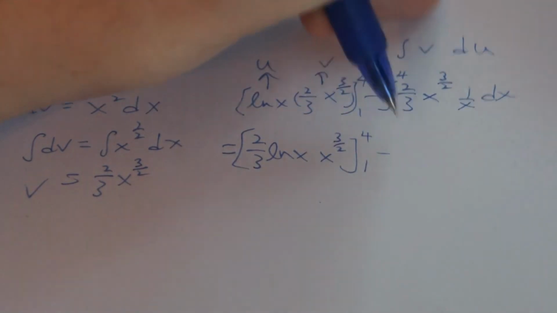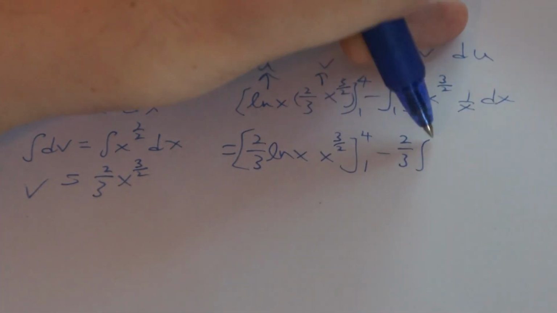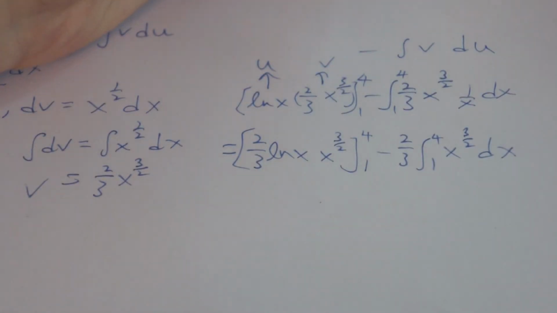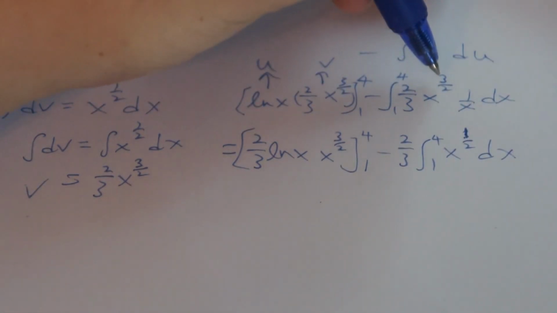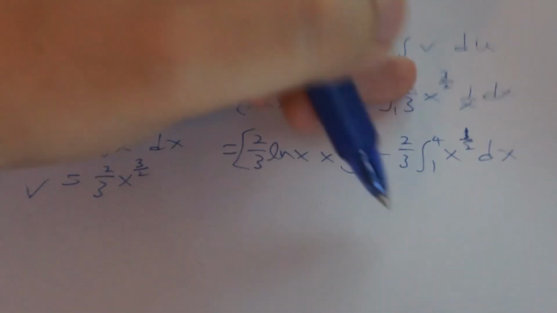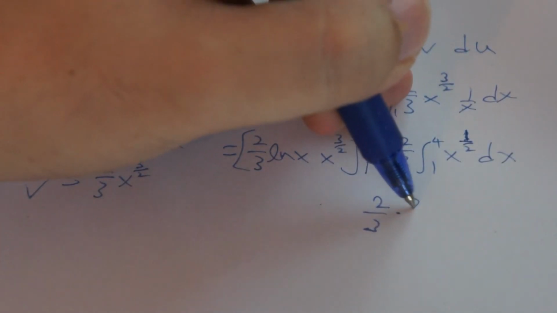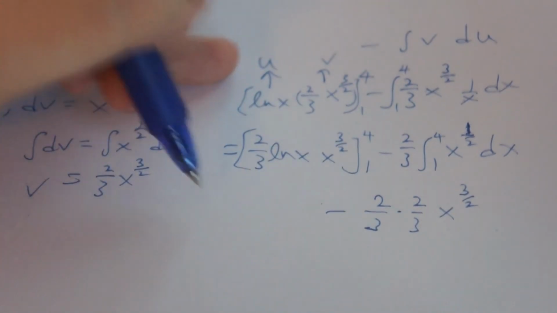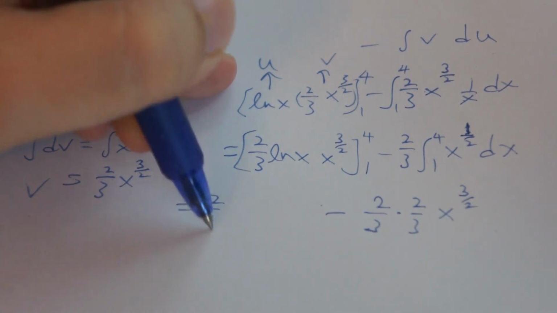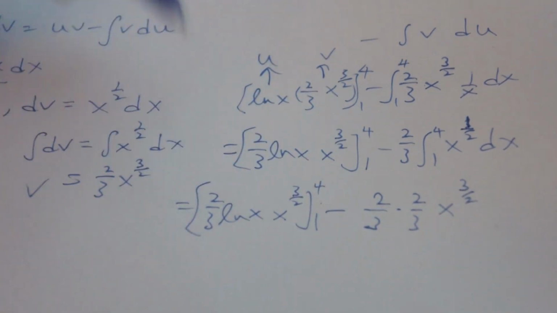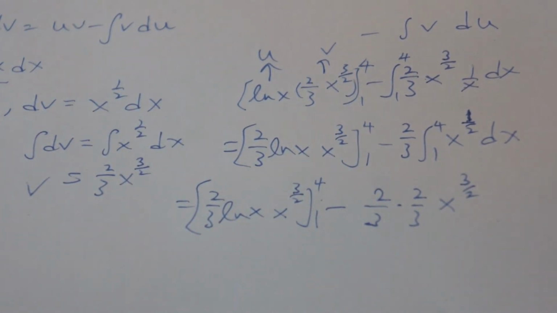The next is we still need to do one step of integration. These two cancel out and it becomes 1 over 2, because there is an x and this is 3 over 2, so it cancels out and becomes 1 over 2. So at the end, that is in fact in here.